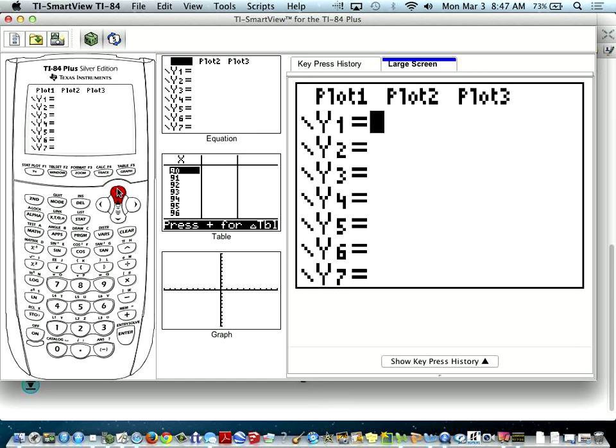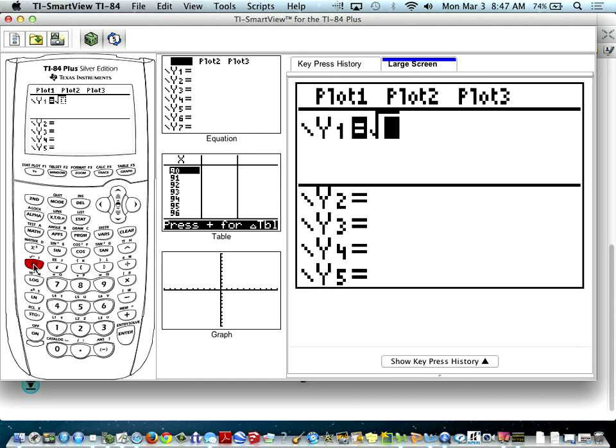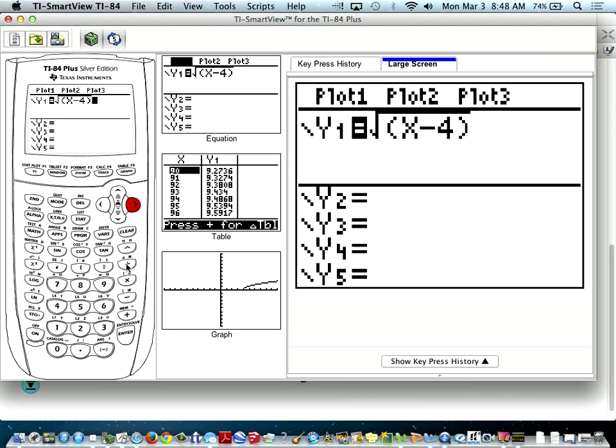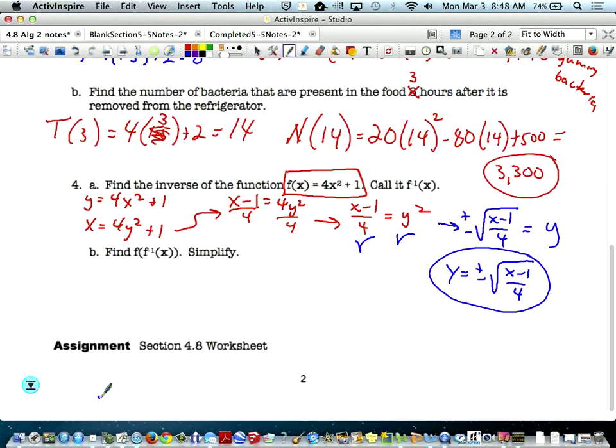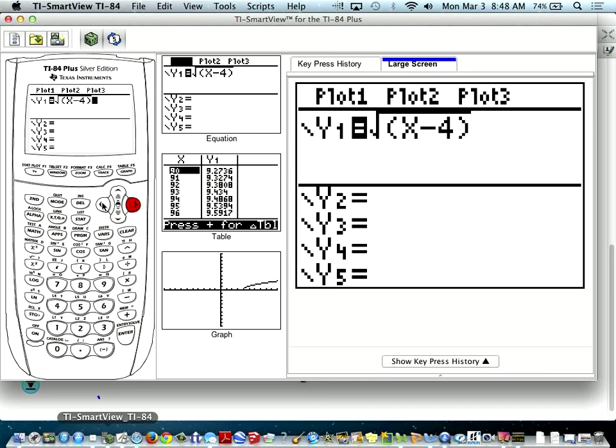So if we go to a graphing calculator, it would look like this. I have the square root of x minus 1, all of that divided by 4, sorry. That's all under the radical.